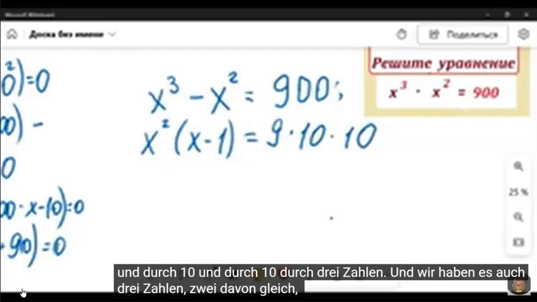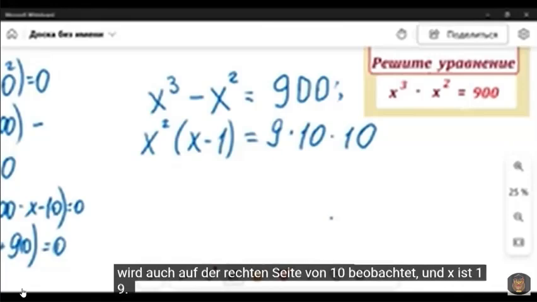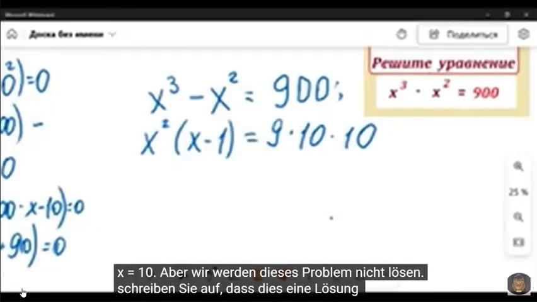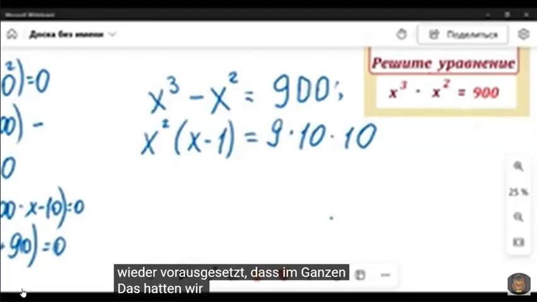We have two of the same, which we also observe on the left side, 10 and 10, and x minus 1 is 9. Everything converges in whole numbers perfectly. X equals 10, but we will not write down this solution, because this is under the condition that we had whole numbers.